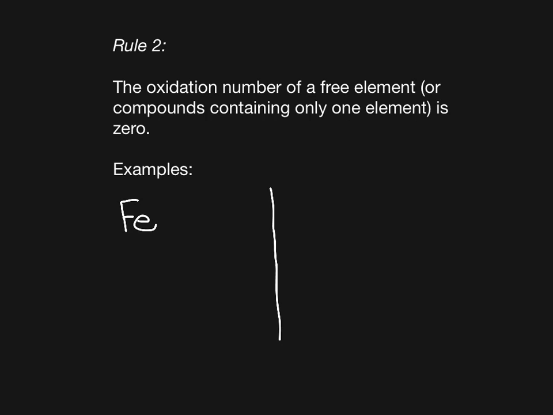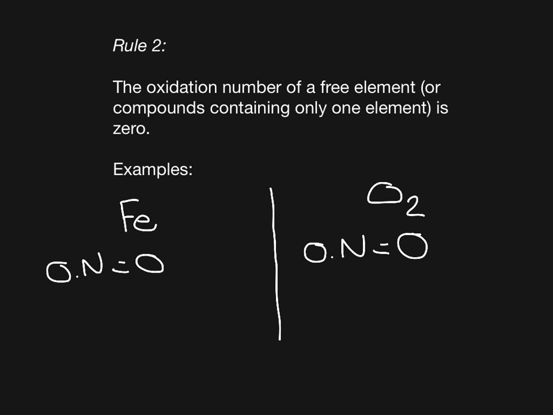Now since iron is by itself, its oxidation number is going to equal 0. Now let's take a molecule with only one element in it. Let's say that this is going to be oxygen. Now there's 2 oxygen atoms in it, so its oxidation number is going to equal 0.